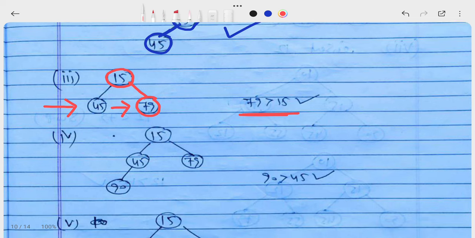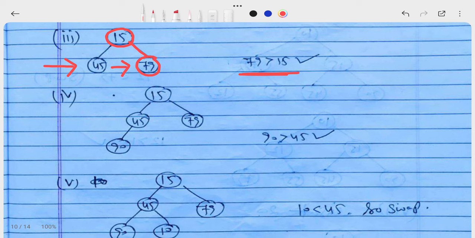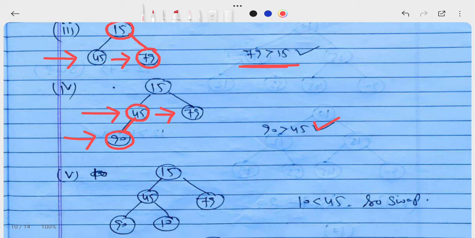Next insertion is 90. Binary means maximum 2 elements, so the next element comes here. 90 asks 45 who is greater. The father is smaller, no problem.